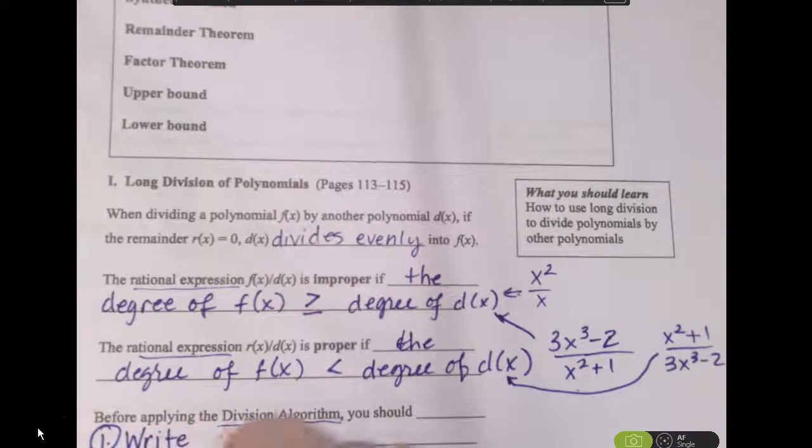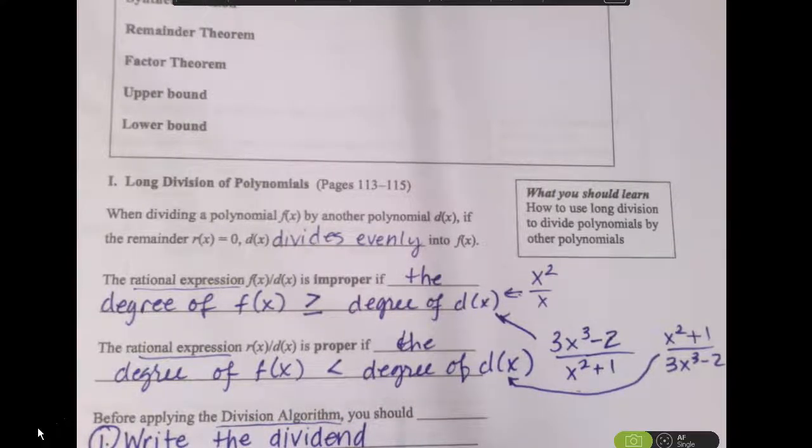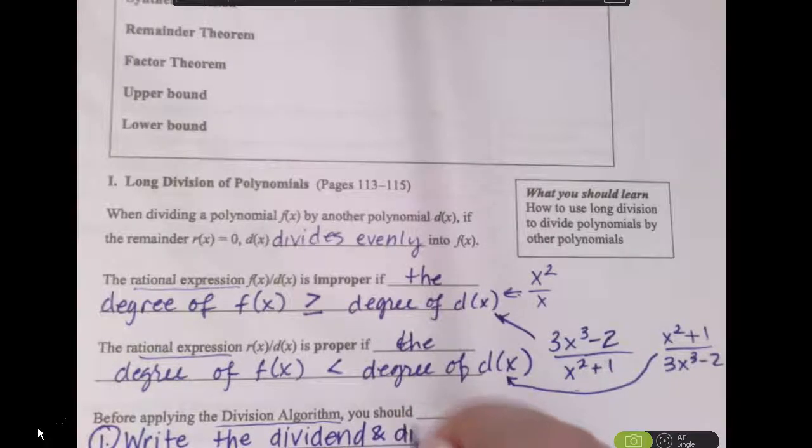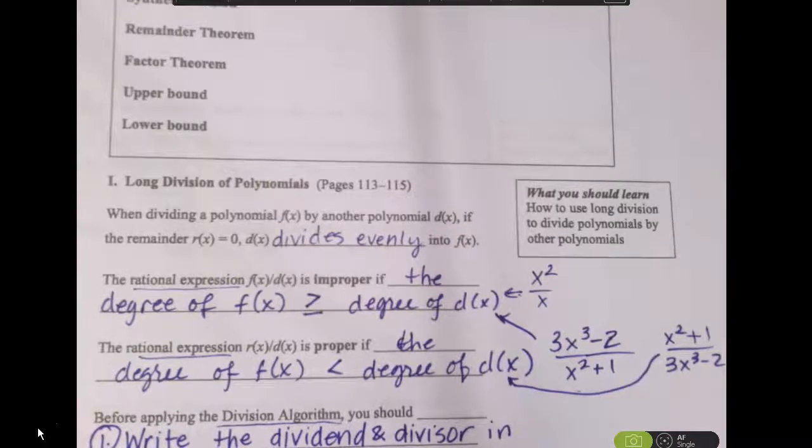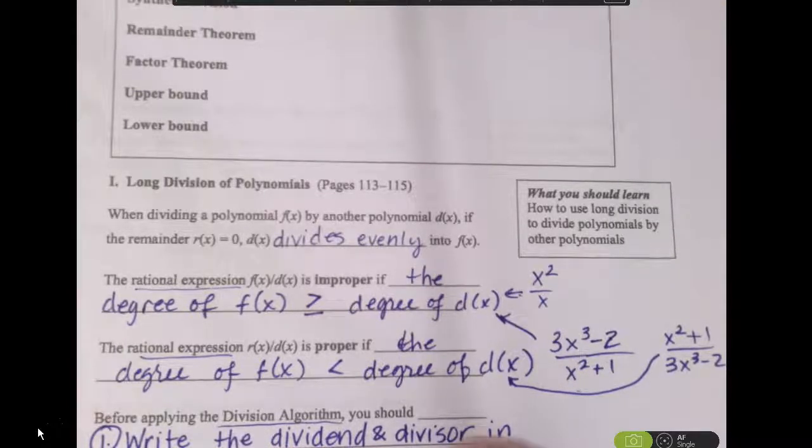So the dividend, that's the thing that's being divided. The divisor is the thing that goes into it. And we're going to say in descending order of the variable. That's standard form, so this should be familiar to you.